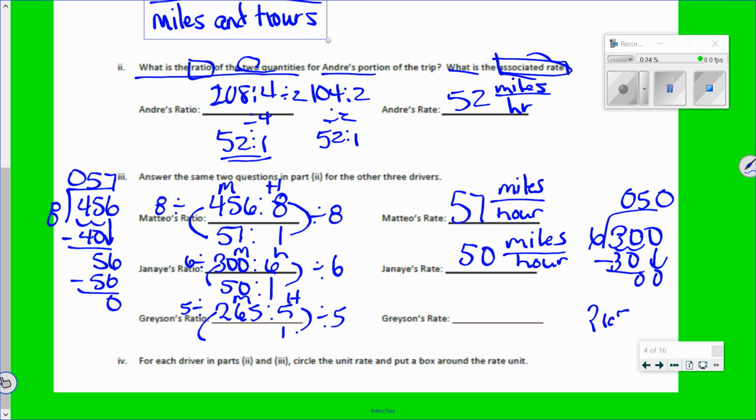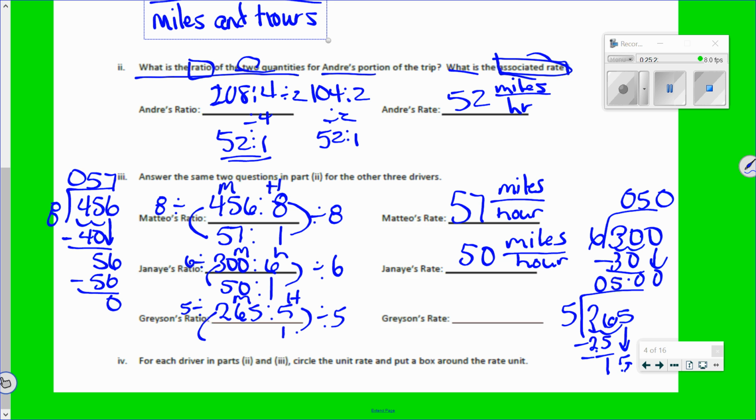So 265 divided by 5. Can 5 go into 2? Can it go into 26? Yeah. How many times? 5 times 5? 25. 26 minus 25? 1. 2 minus 2? 0. Bring down my 5. Can 5 go into 15? Yes.